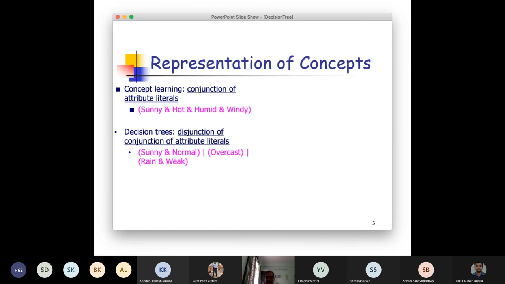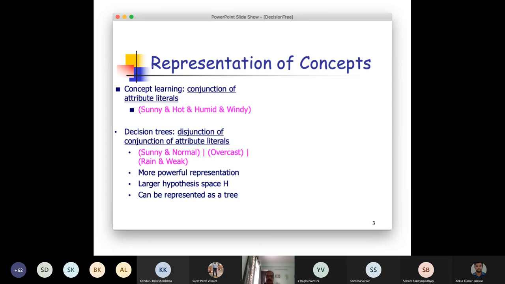In all these cases, your output is true. So we can express the whole thing in this form by using the disjunction operation. Naturally, this is a very powerful representation because it can express any Boolean expression. The hypothesis space is larger, and we call it complete, because it represents all possible forms of target functions.